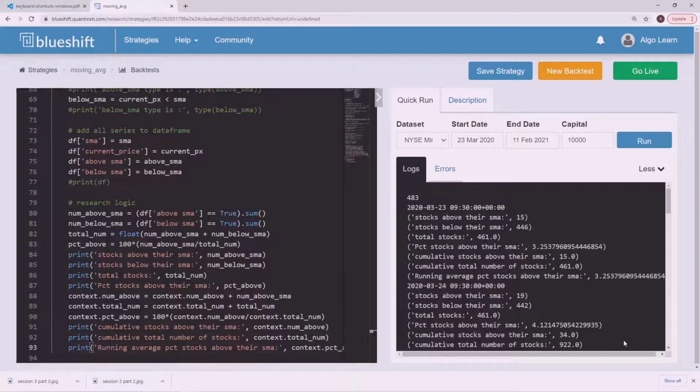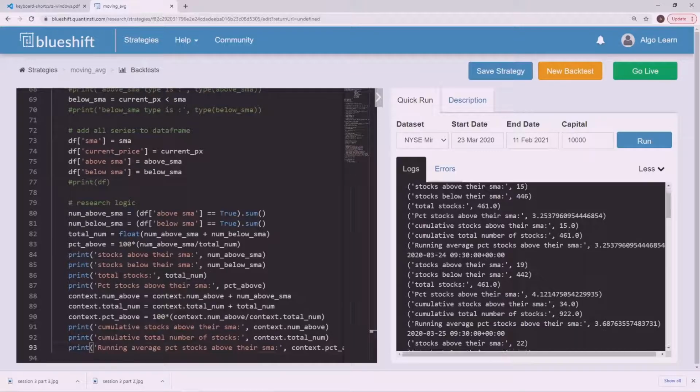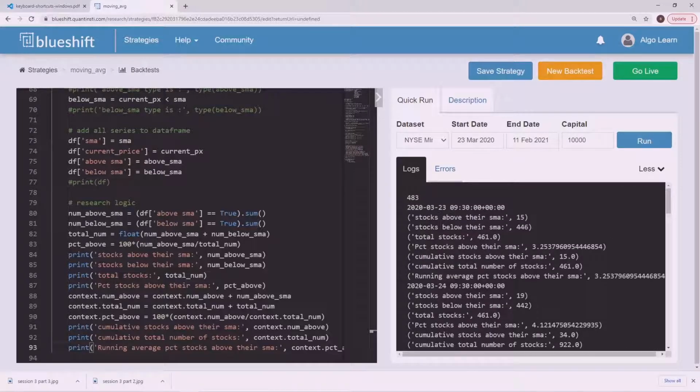Okay, here we go. Again, what I wanted to show you: we already have this information right here from the 23rd of March, 3.25%. But now we're creating our cumulative numbers, and obviously we're only in it for one day, so they're the same. But when we get to the 24th, now we have some new numbers. 19 are now above their 200 moving day average, 442 are below.